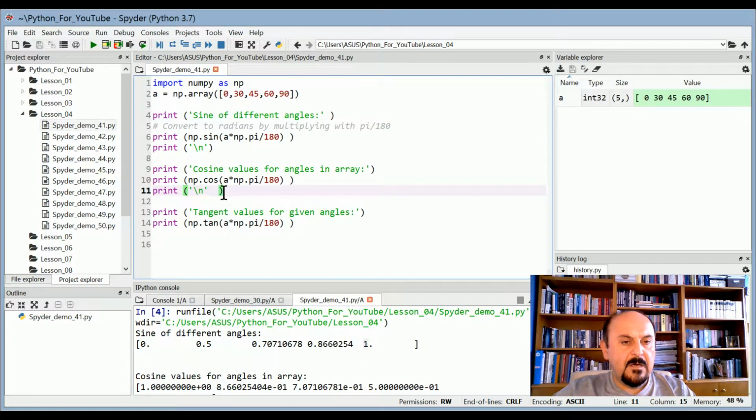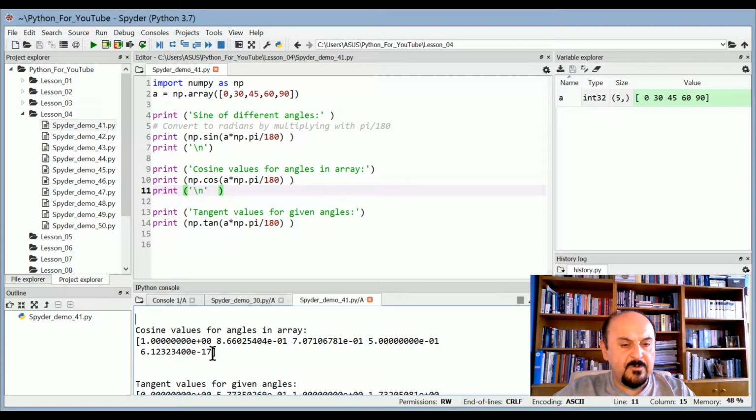And how about cosine? For cosine, the values are like this. This corresponds to 1. It's the engineering scientific notation, and this corresponds to actually 0, because 6 point something to the power of minus 17 is a very tiny number.